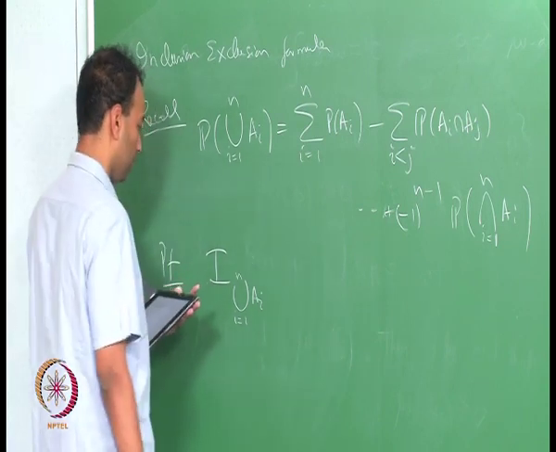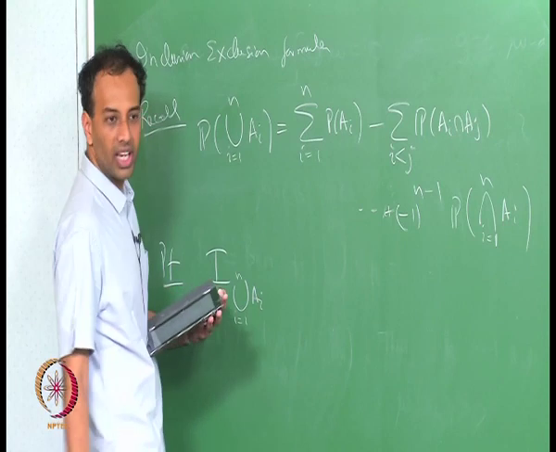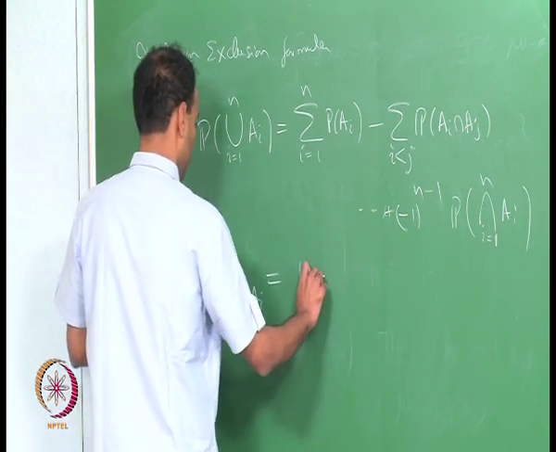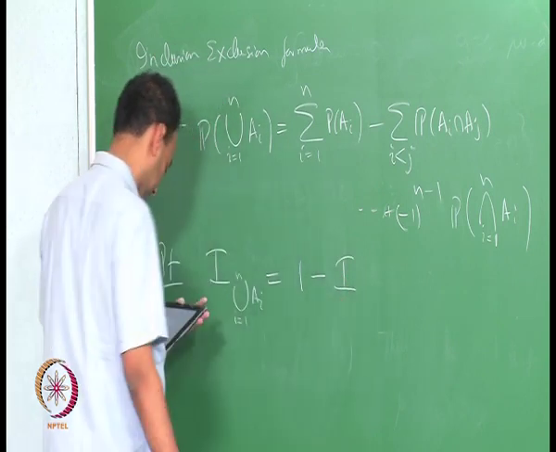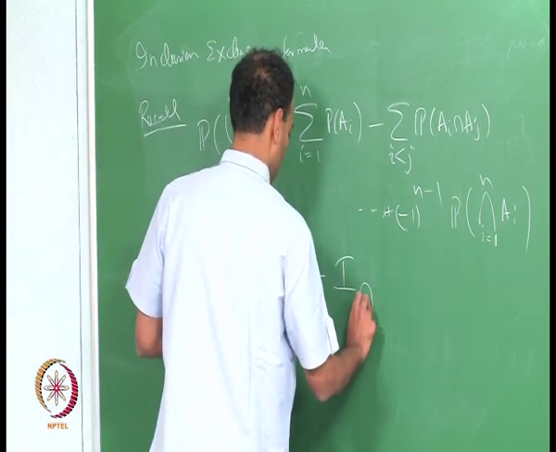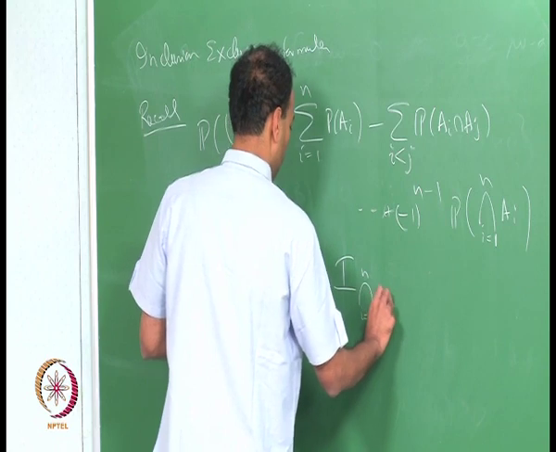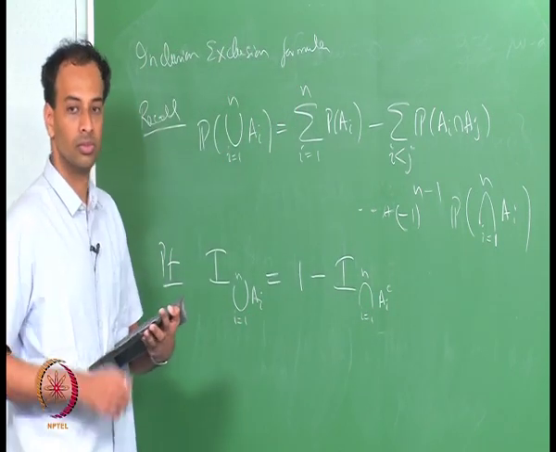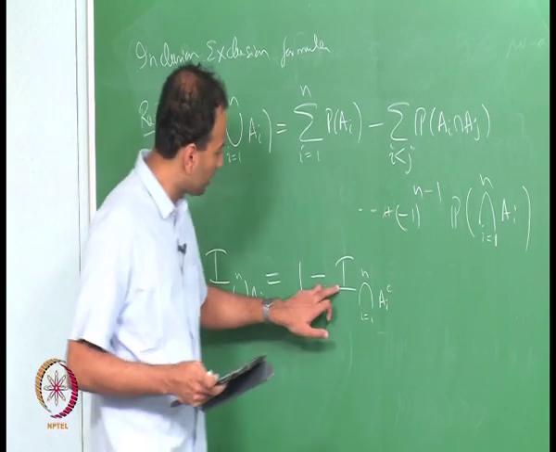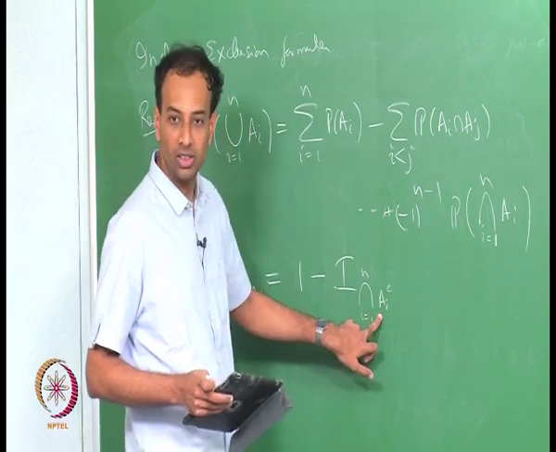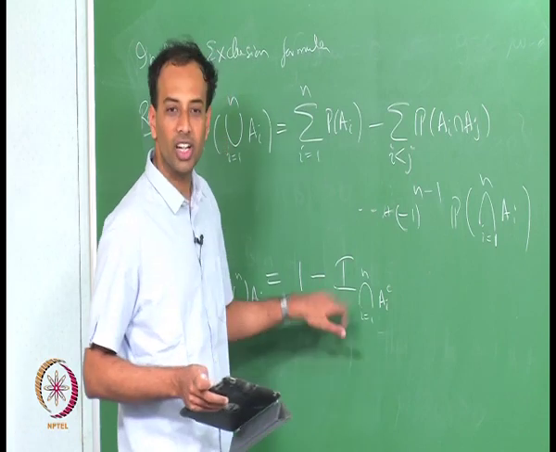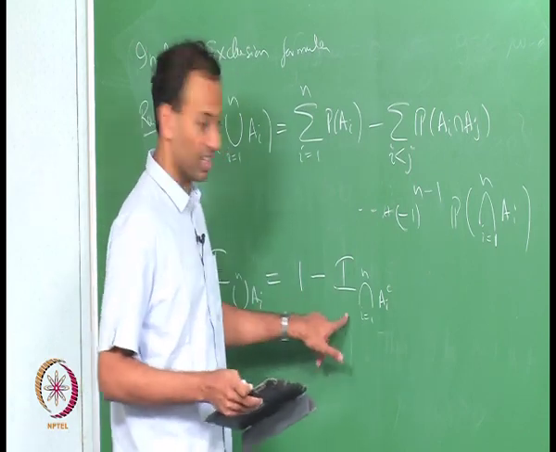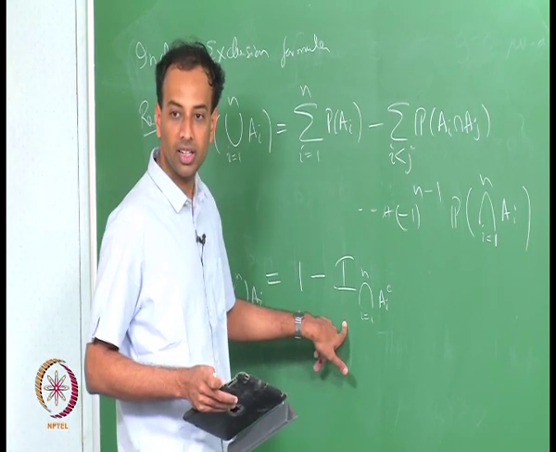This is the indicator that at least one of A_1 through A_n occurs, and that is equal to 1 minus the indicator that all the A_i fail to occur. 1 minus the indicator of all failing is the indicator of at least one A_i occurring. This you will agree.